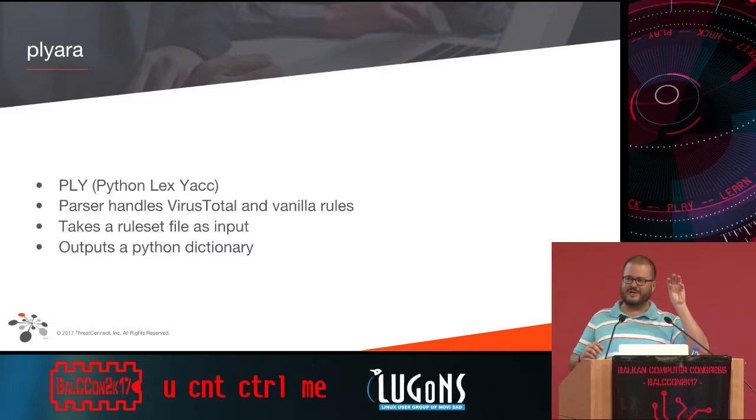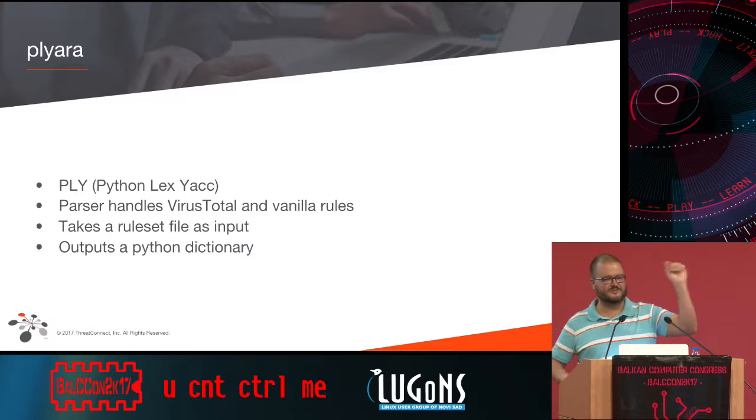So it basically tokenizes a set of text. It looks for each one of the different pieces of a YARA rule, each word and each symbol that's part of a YARA rule. And yacc, which is the second part of this process, knows the grammar of the rule.